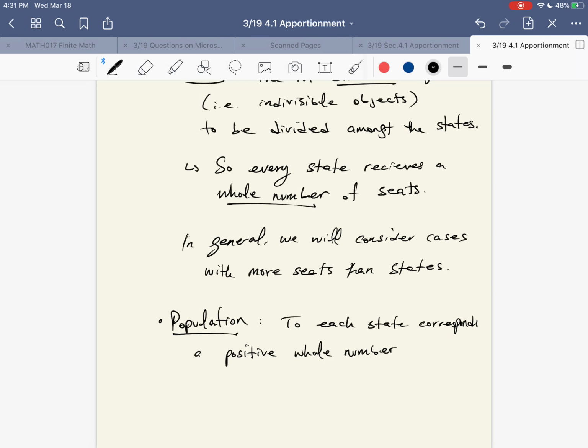So the weight in our voting systems was the number of votes you control. That was also a positive whole number. This population is still a different example of a weight. So a positive whole number, which is used as a basis for the apportionment of seats.